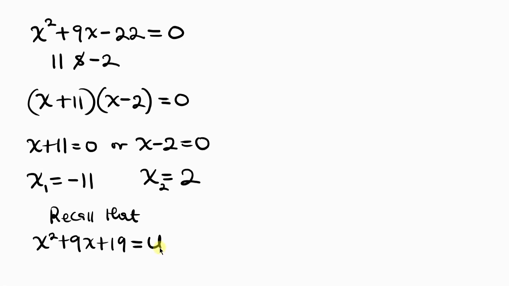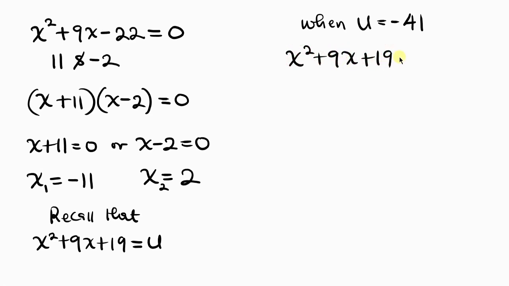Well, our second value for u is negative 41. So let's substitute that here. When u is equal to negative 41, we have x squared plus 9x plus 19, and this is equal to u, which is negative 41.